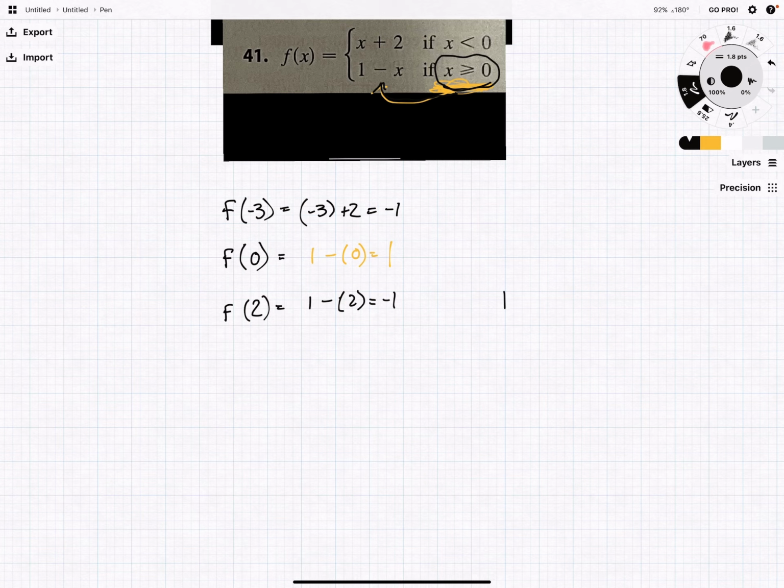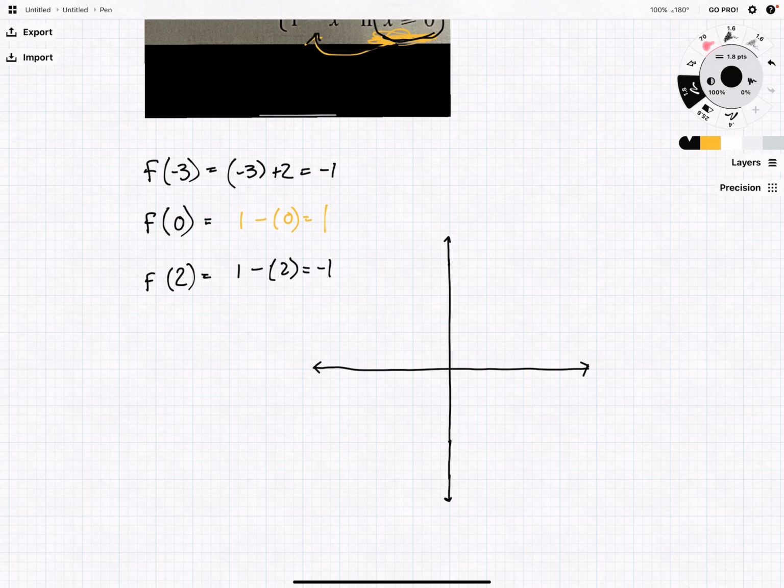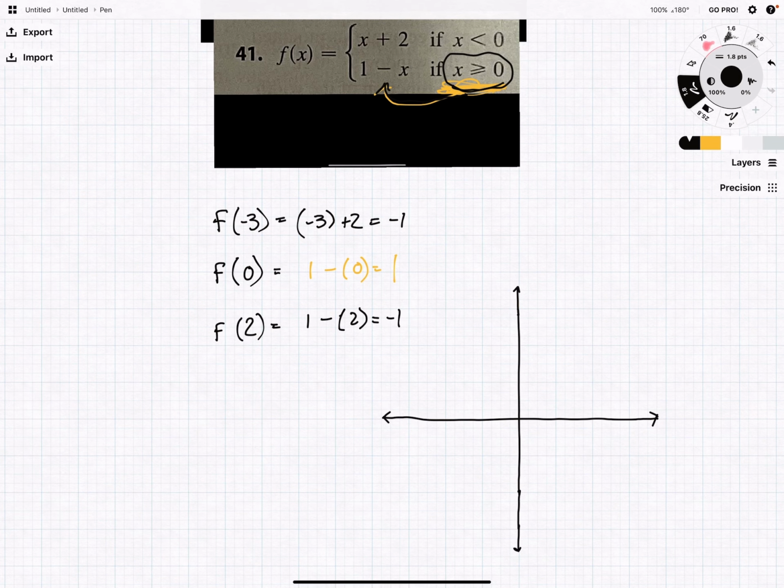So let's draw the coordinate plane as neatly as we reasonably can. And maybe we can have each big square equal to 1. So first we have -3, that's -3 there, and -3 gives us -1.